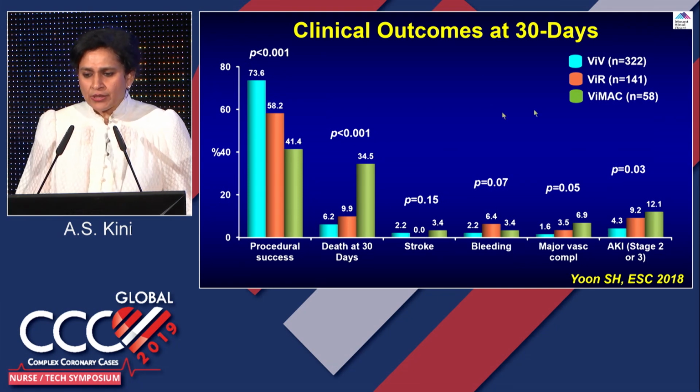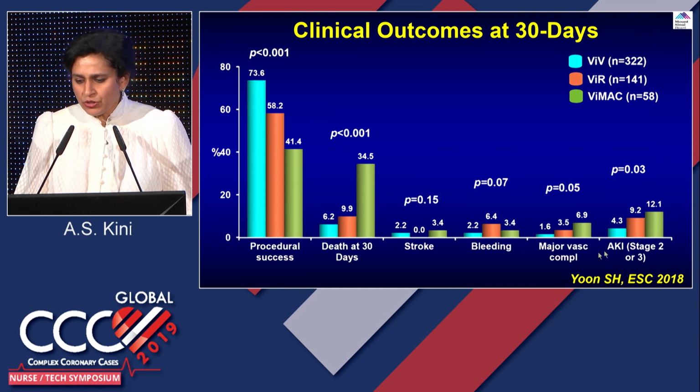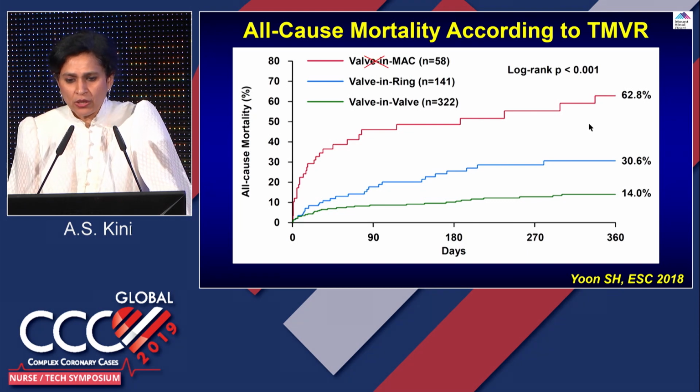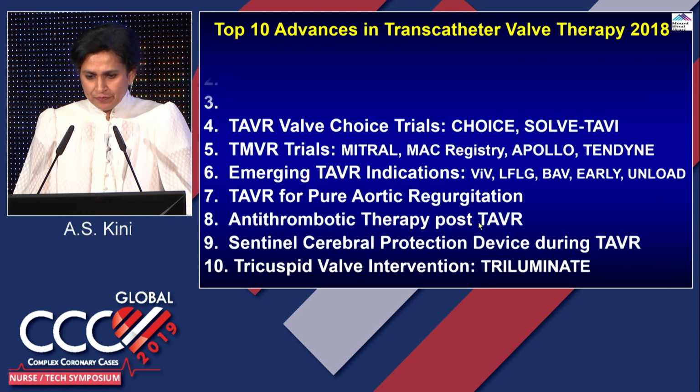So what it suggests is valve-in-valve is something that is doable. The rest would have very high complications. So valve-in-MAC, absolutely no, because overall mortality and complication rate is very high for valve-in-MAC. But valve-in-valve is something that is doable.